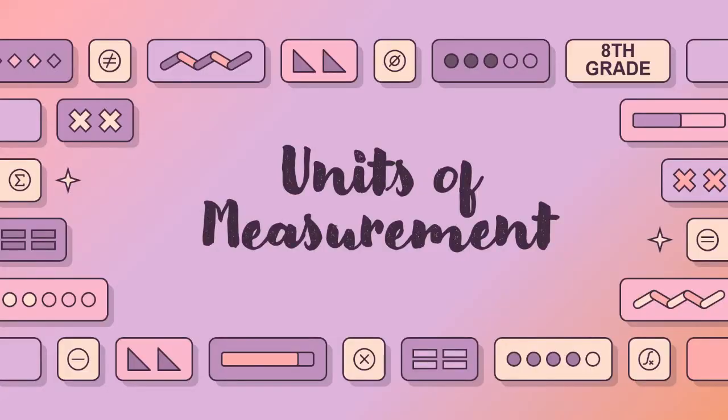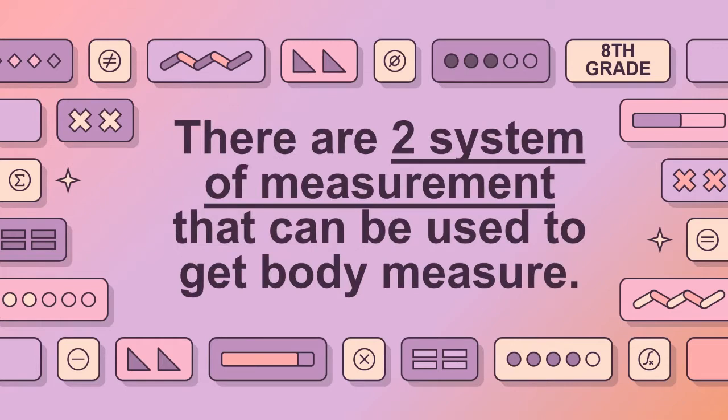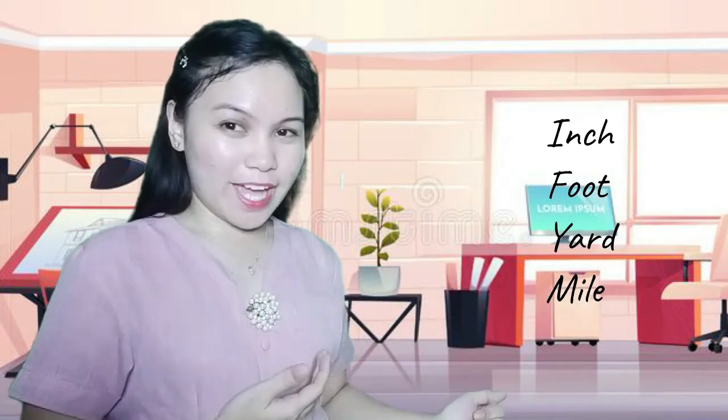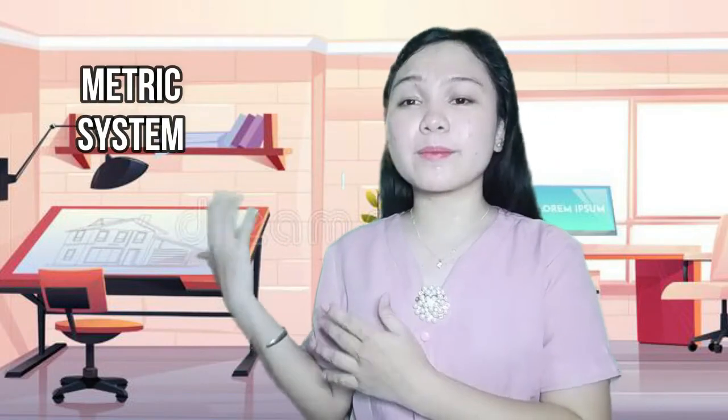Now class, let us proceed to the units of measurement that can be used to get body measurements. But before that, let us identify the 2 systems of measurement. First is the English system of measurement, with units such as inch, foot, yard, and mile. And the second is the metric system or System International.